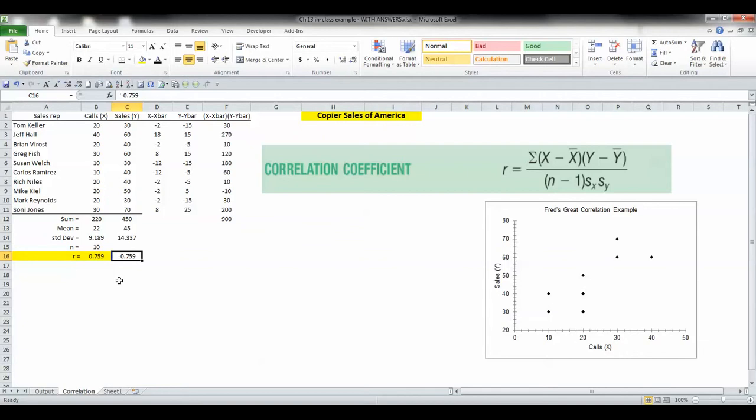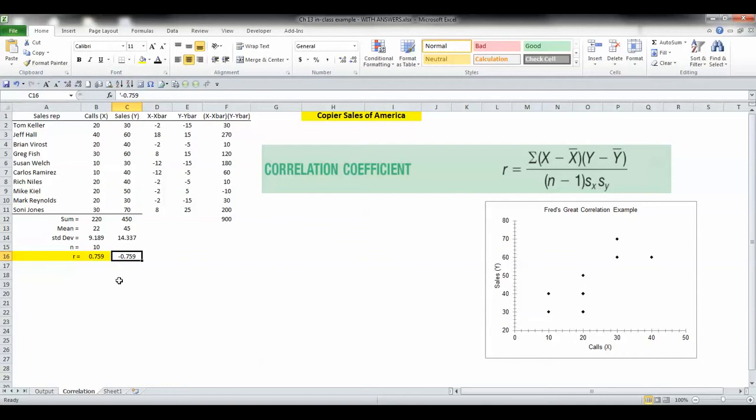But again, those are sort of heuristics when it comes to what is considered a good or a strong relationship and what is not. And you can use different values to determine that. In the social sciences, though, in general, if you've got 0.8 to 1.0 correlation, that's considered a very strong relationship.